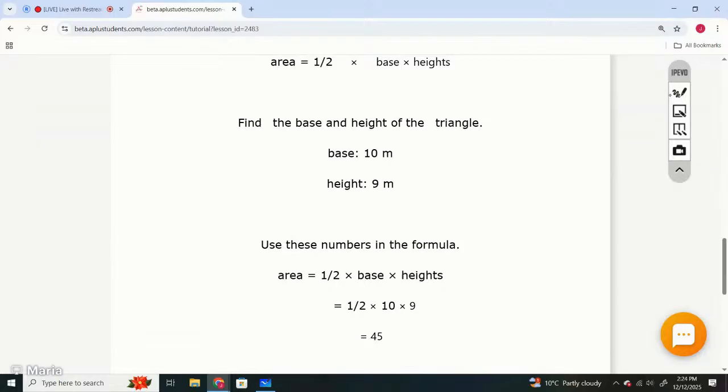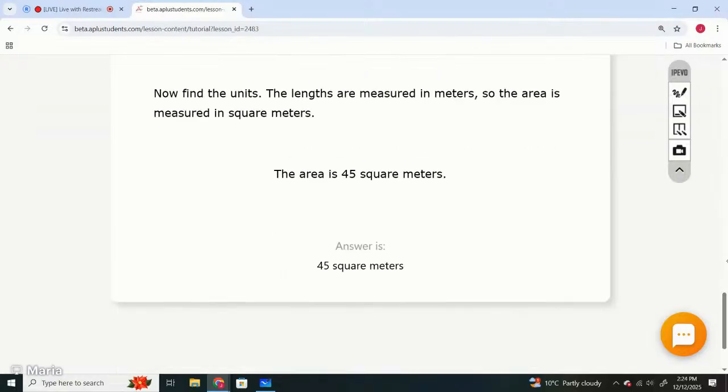So 10 divided by 2 is 5. 5 times 9 is 45. So area is equal to 45 meters square.